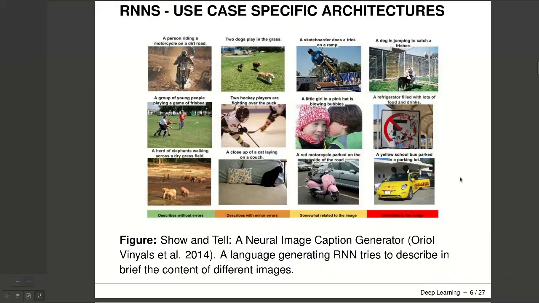And the caption generated for the fourth column is not really related to the image. For example, the second prediction says a refrigerator filled with lots of food and drink, but there is no refrigerator.